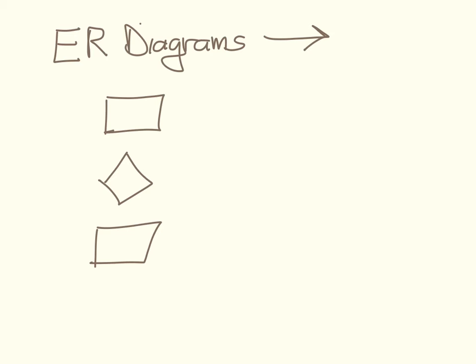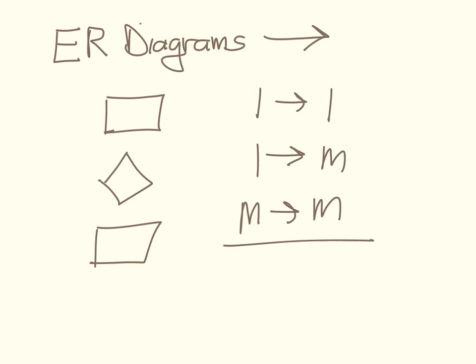And if you think about the constraints we talked about, one-to-one, one-to-many, many-to-many, and we'll talk about other constraints like mandatory and so forth. Alright, that's it for this one.